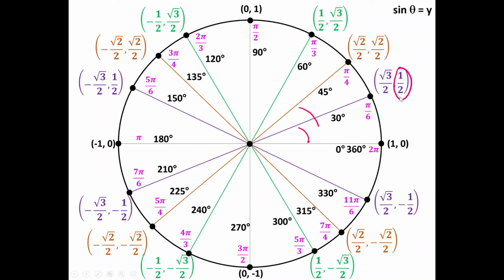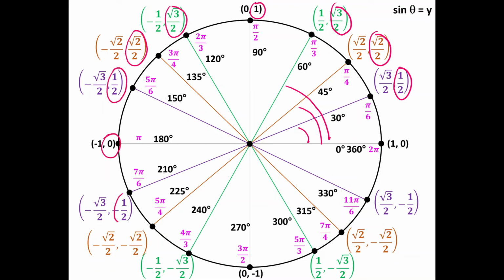So the sine of 45 degrees is going to be the square root of 2 over 2. The sine of 60 degrees is going to be the square root of 3 over 2. So if you see sine of a degree measure or sine of an angle measure right next to, in place of theta, then your answer is going to be the y value. So the sine is all of the y values. Sine of each of these angle measures is going to be the y values.